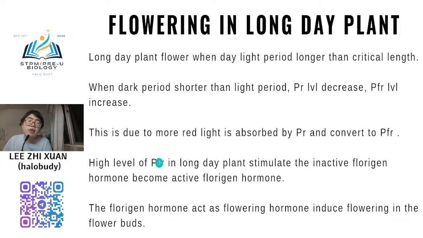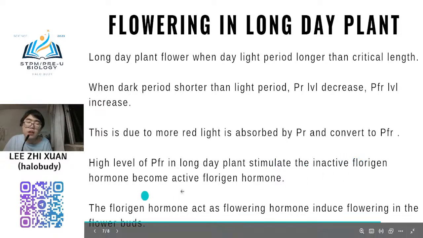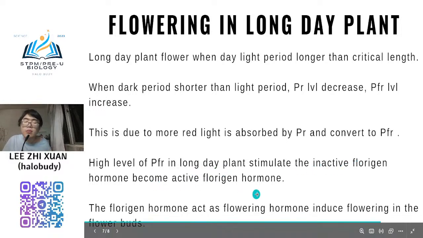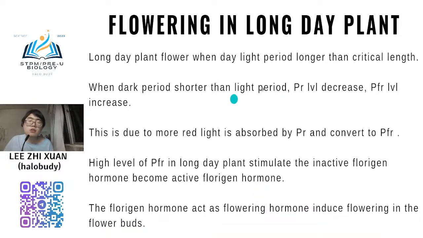So high PFR in long day plant will stimulate inactive florigen hormone to become active, and then this hormone will stimulate flowering, so that the plant can flower. Okay, so this is the mechanism of the short day and long day.